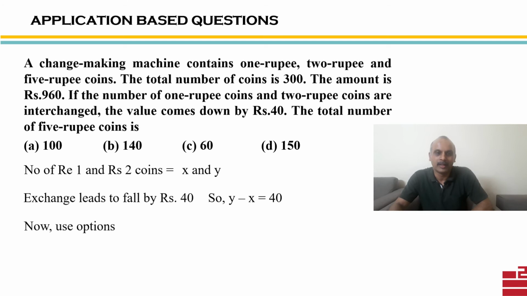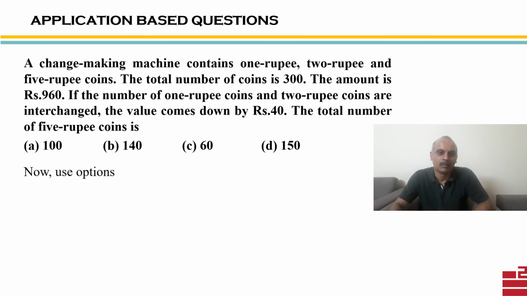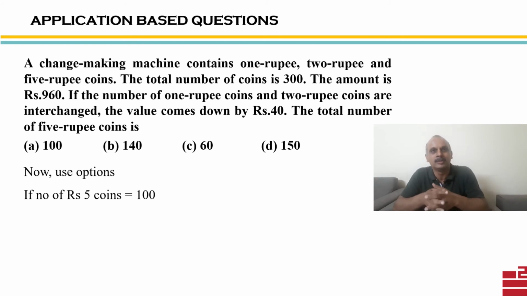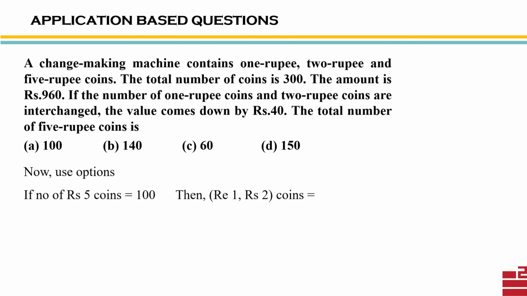Alright, now if I use the options one by one, I will see that if the number of 5 rupee coins is 100, what do I see? Since the total number of coins is 300, the balance number of 1 rupee and 2 rupee coins, total of them, will be 200. If that is the case, and y minus x was 40, the possible case is 80 and 120.